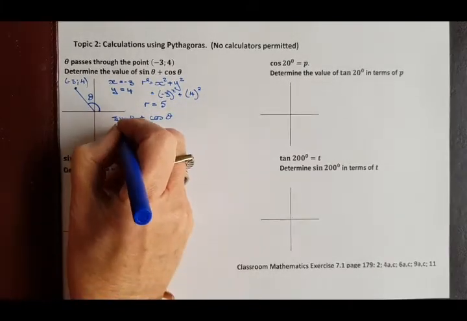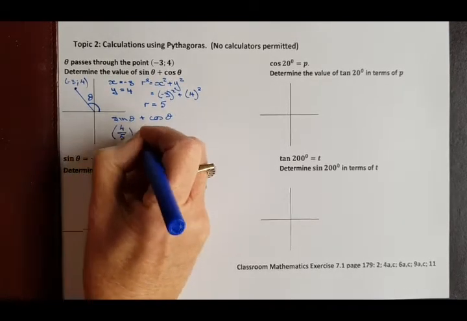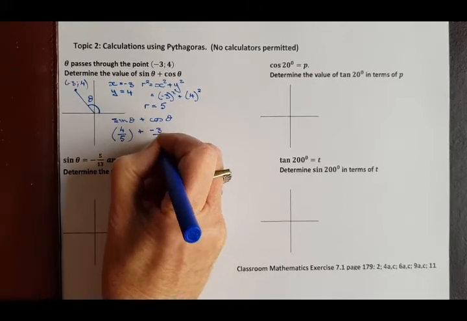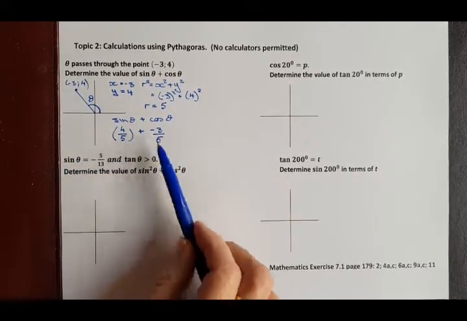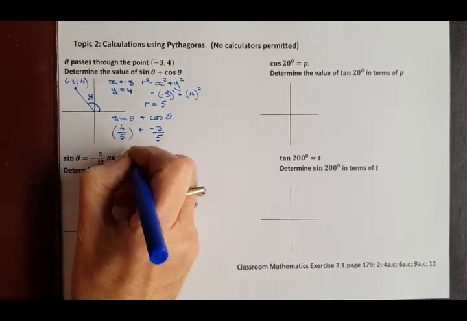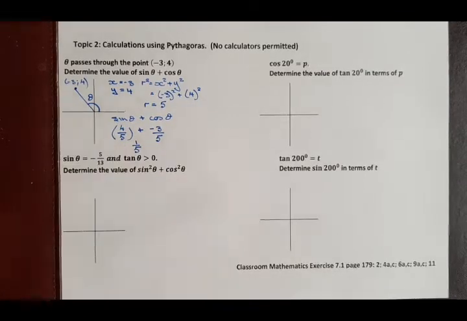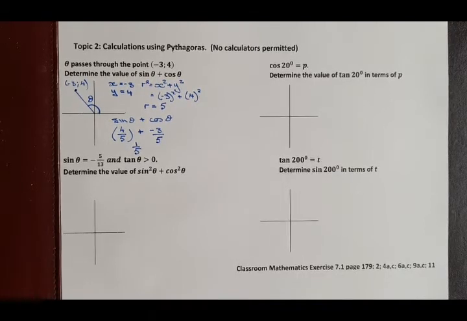Sine is my y value over my r value. Cos is my x value over my r value, and I have 4 over 5 minus 3 over 5. My answer just becomes 1 over 5. No calculators necessary. We're not asked in this example to calculate the size of angle theta.